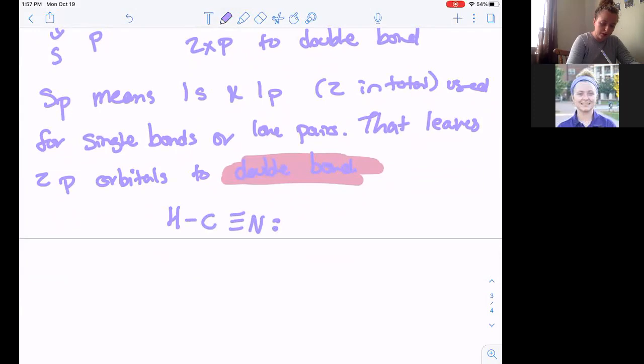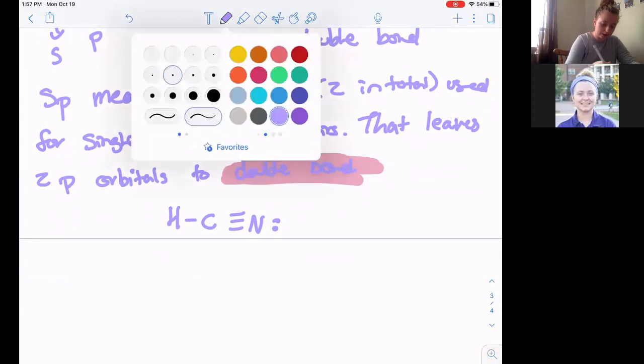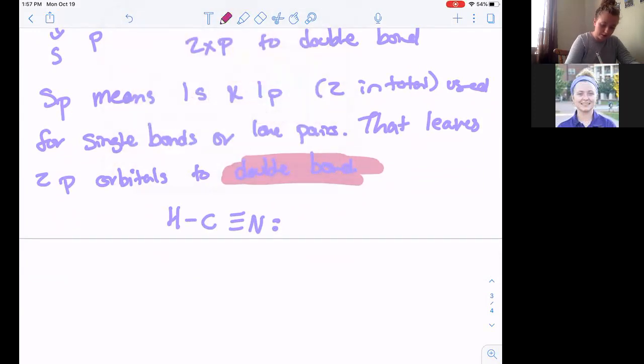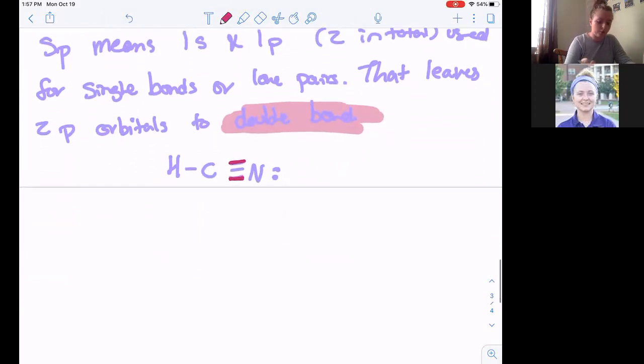I think a good starting question is, if these are my pi bonds, or my p orbitals, I think I gave it away. What would you call this? It looks kind of like a sandwich at this point.